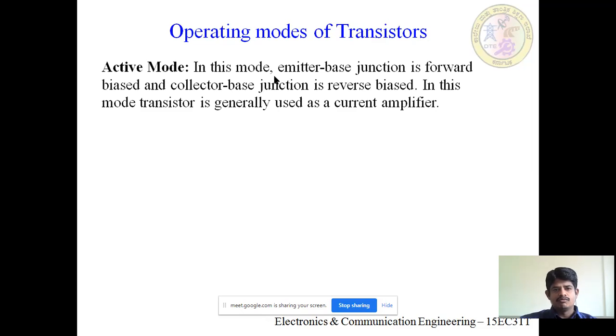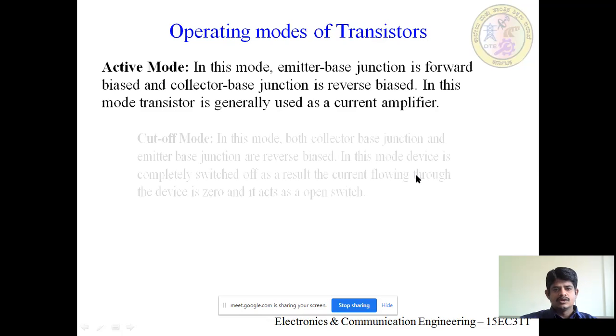So when we want to use the transistor as an amplifier, we must use it in active mode. How can we use the transistor in active mode? By keeping the emitter base junction forward biased and the collector base junction reverse biased, then it is called active mode. Understood this?